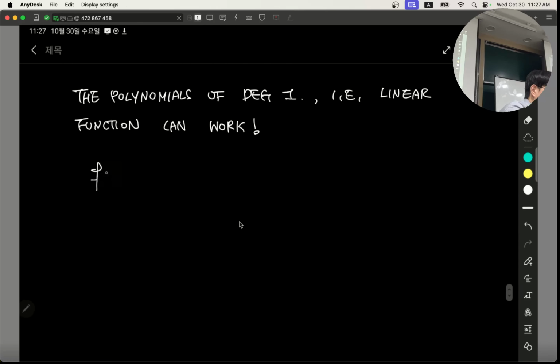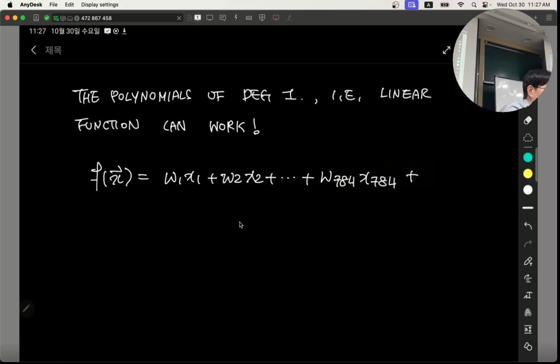So your function will look like w1 x1 plus w2 x2, up to w784 x784. And also, in order to be a general linear function, you need a constant term. No more. So in principle, you need 785 coefficients or constants in order to fix your function f.